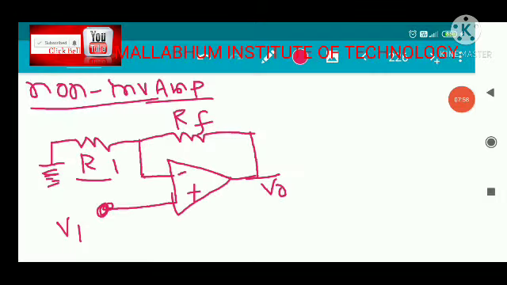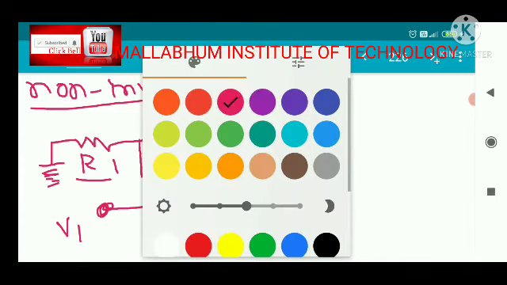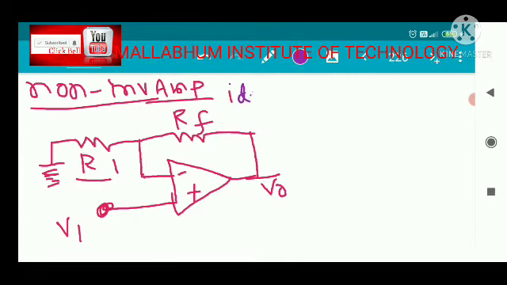Likewise in the previous case, here also we have considered the ideal Opamp. Now in the case of the ideal Opamp, you can consider the Opamp draws no current.